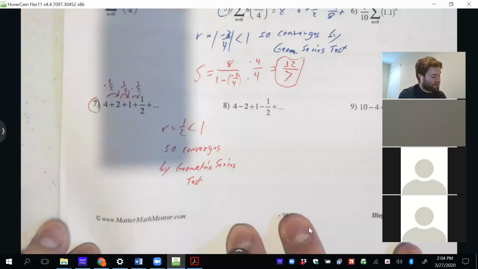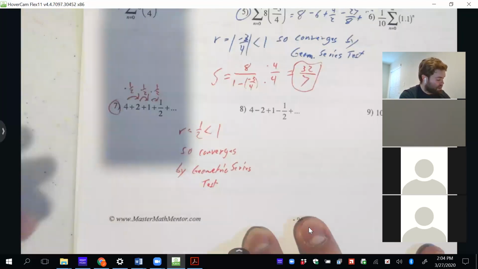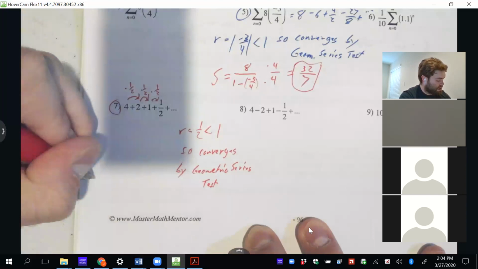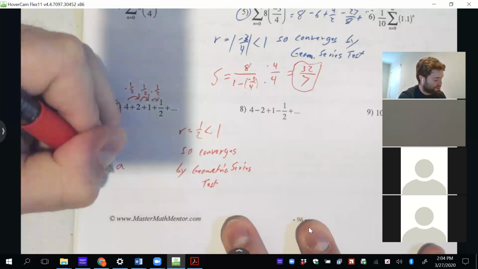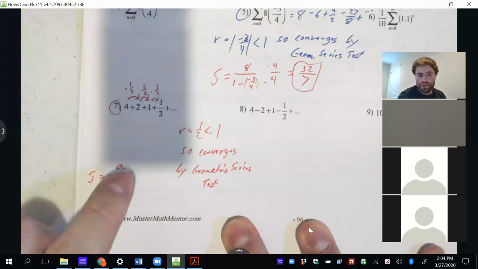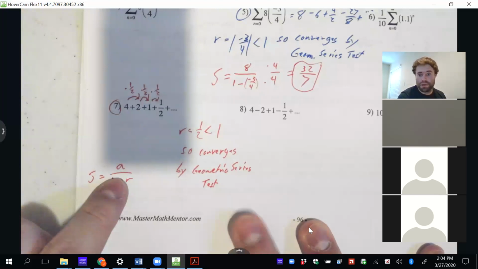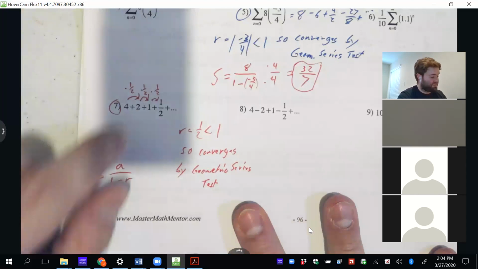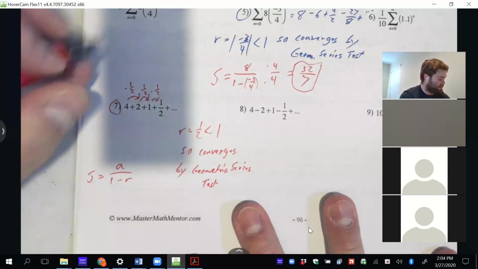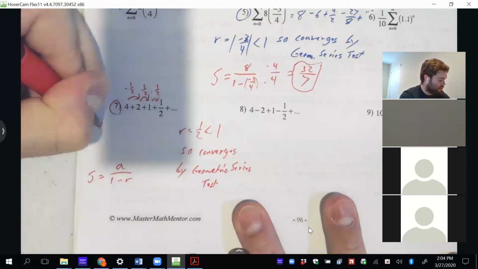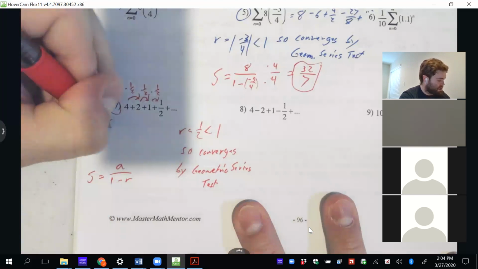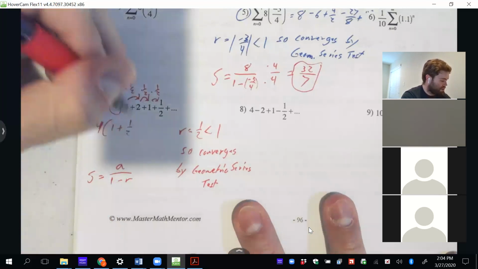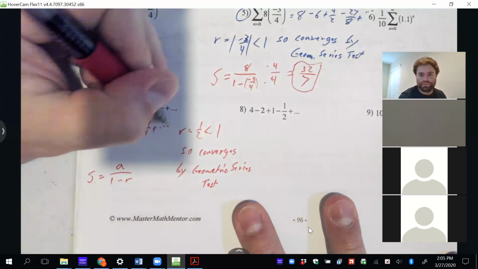And to figure out the sum, we're going to use the formula that S equals a over 1 minus r. We need to figure out what that a is. Well, a would be the 0th term. a is your very beginning term at the beginning. But another way to figure out a, we just factor out that beginning term. We factor out 4. We then have 1 plus 1/2 plus 1/4 plus so on.